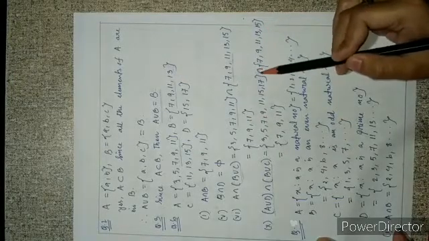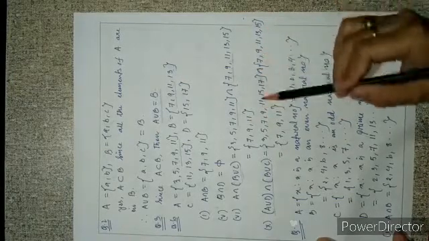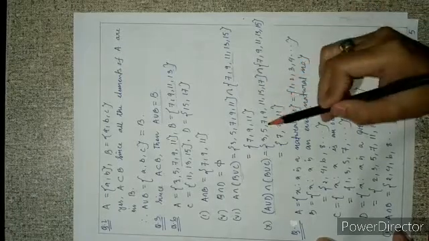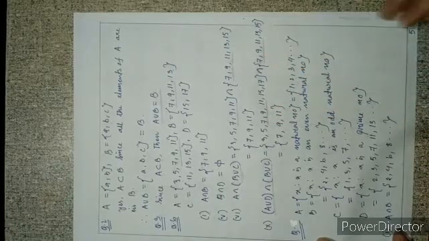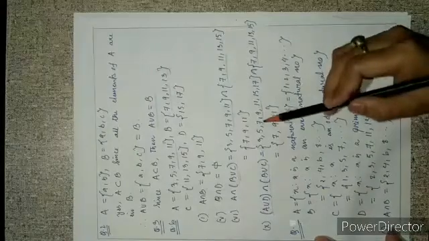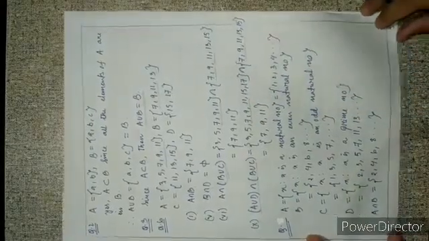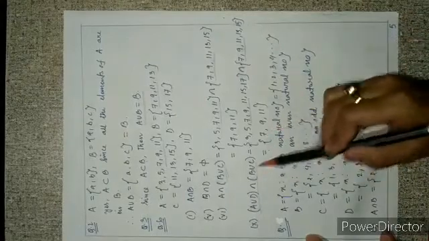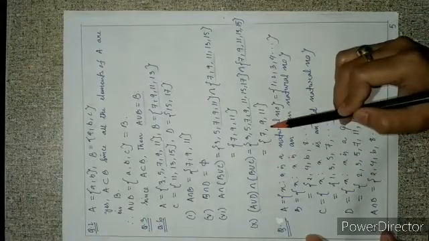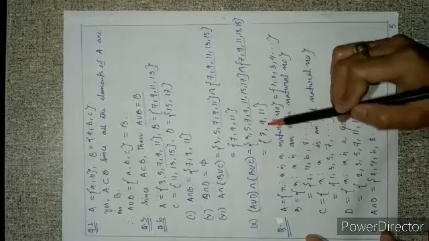Then this symbol represents intersection. And find the intersection of these two sets. Common elements are 7, 9, and 11, and the remaining elements are different. So the value is 7, 9, 11.